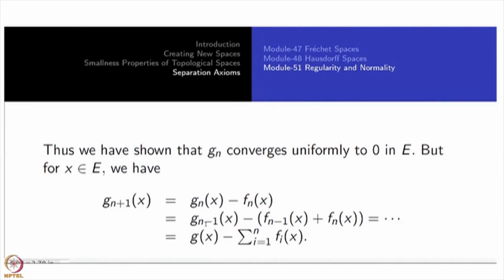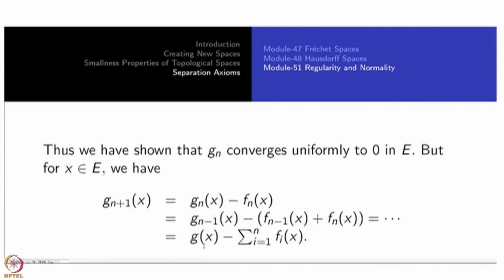What is Gn? Gn minus 1 of x minus Fn minus 1 of x. So you club them together, it will become Gn minus 1 of x minus Fn minus 1 plus Fn of x. But again you apply it to Gn minus 1, it will be Gn minus 2 minus Fn minus 2 of x plus all these.